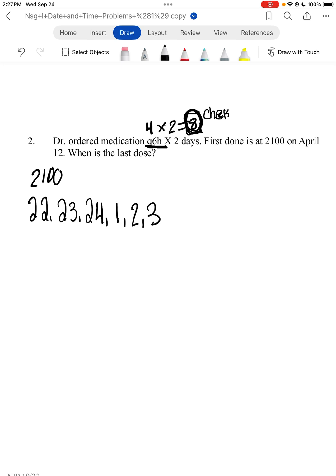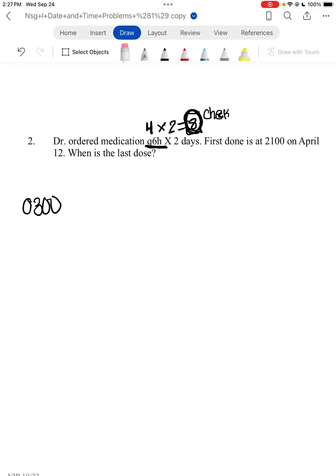Is that it? 1, 2, 3, 4, 5, 6. So the next one is going to be 0300. Okay, let me put this lower. So we have 2100, 0300.